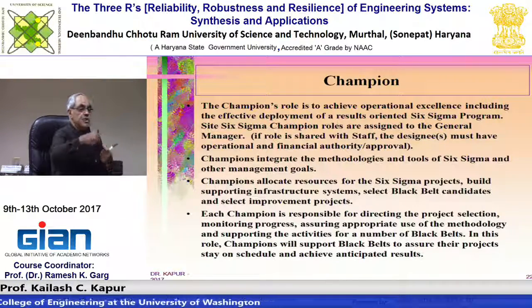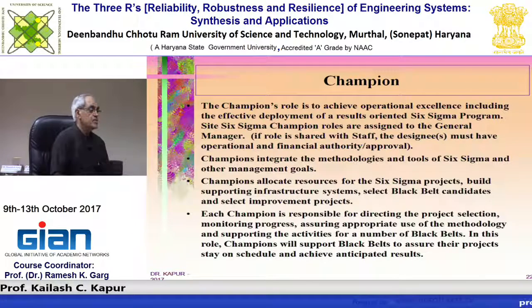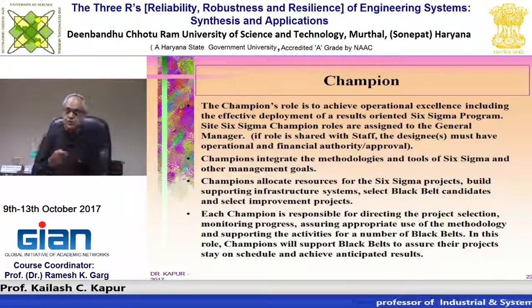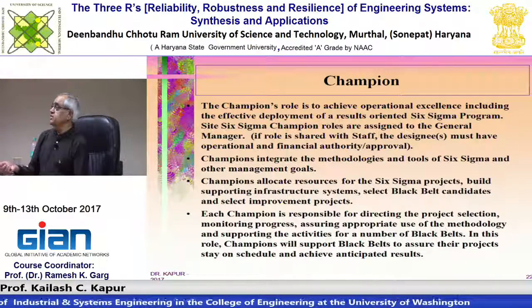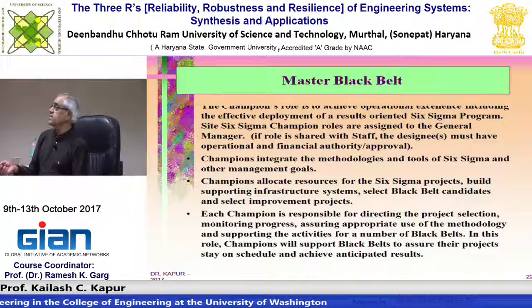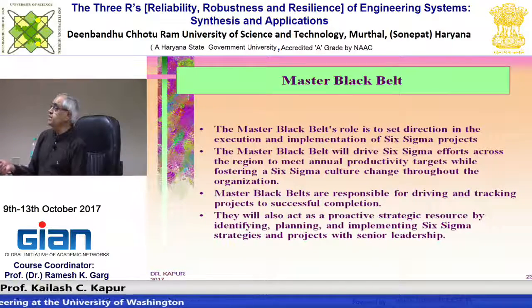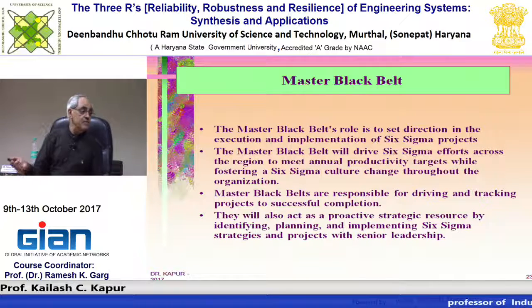And if you do a lot of projects over 5 years, then you can be a champion in the company. So people use all kinds of words like who is the champion of promoting Six Sigma in a company, or who is so next level would be master, black belt.